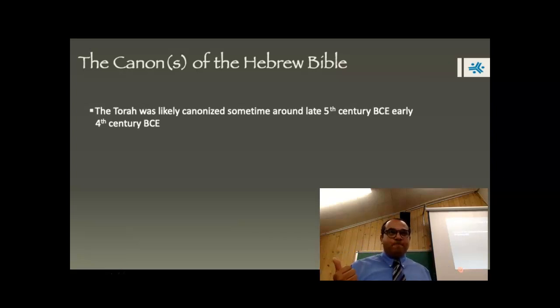The Torah, which includes Genesis, Exodus, Leviticus, Numbers, and Deuteronomy, and then the prophets. In Hebrew, prophets is Nevi'im. That's your first Hebrew word, Torah, and Nevi'im, which means prophets, is your second Hebrew word. It's plural from Navi, and it's divided into two parts.